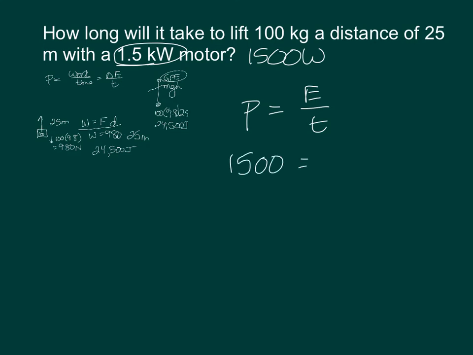So 1,500 equals our energy, 24,500, divided by our time. And solving for time, we get 16.3 seconds. Which isn't bad. That's not that bad.